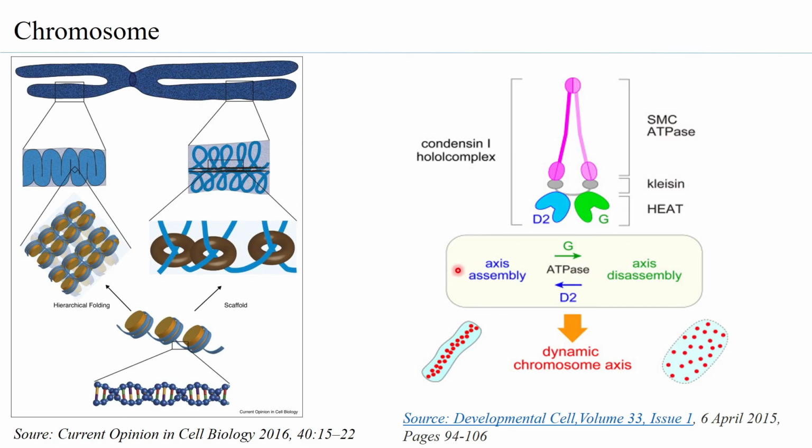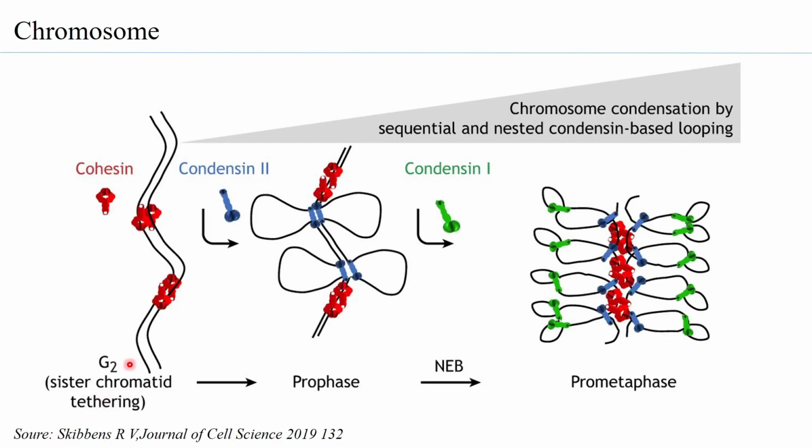But the final condensation is definitely because of condensin molecules. Now, what is observed is that when 2 sister chromatids come together, it is because of tethering by the cohesin. Then the condensin molecules come in, and you can see how the chromatin is further getting looped out, right? Then you have the condensin 1 coming, and a further loop within a loop is being formed.